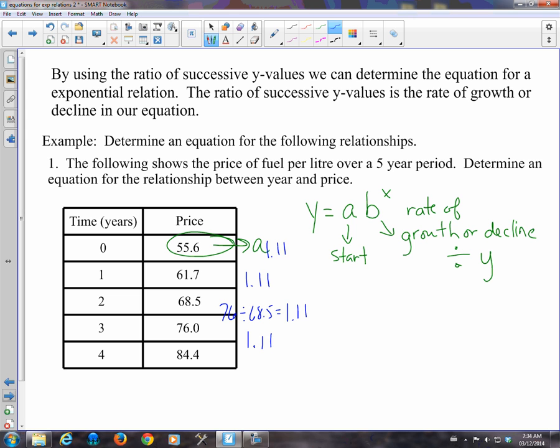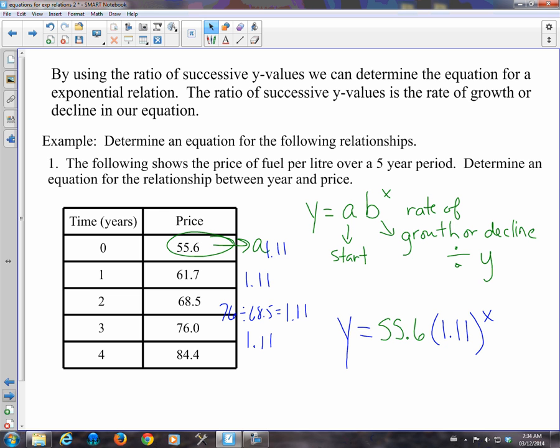So that means to write my equation, I will have y equals my starting number of 55.6 times my growth rate, which is the answer to my dividing.